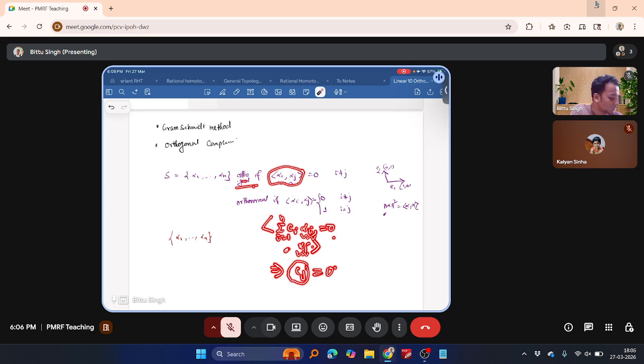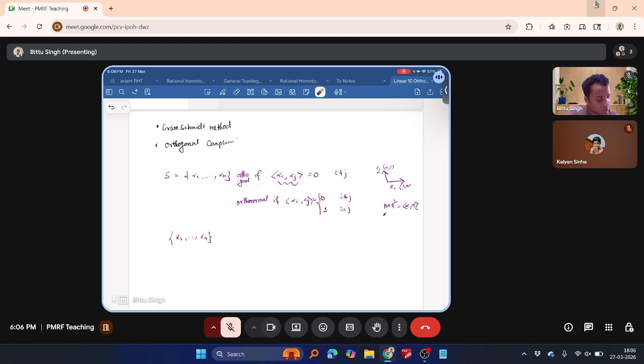Therefore such a zero combination is only possible when all the coefficients are 0, so orthogonal sets are always linearly independent.